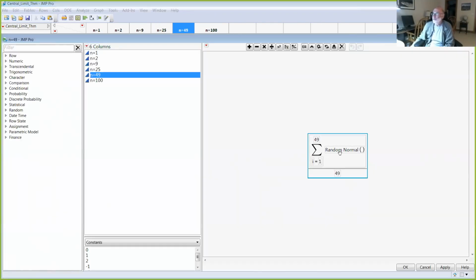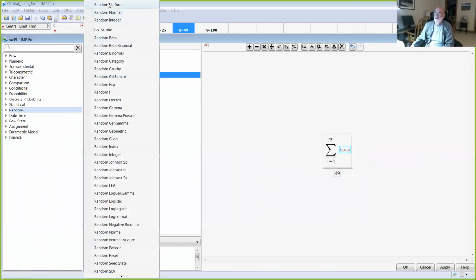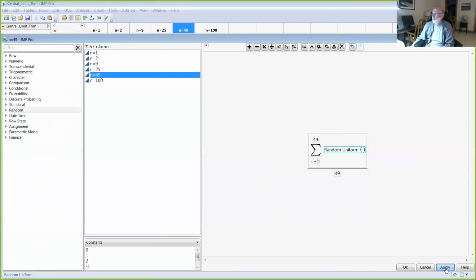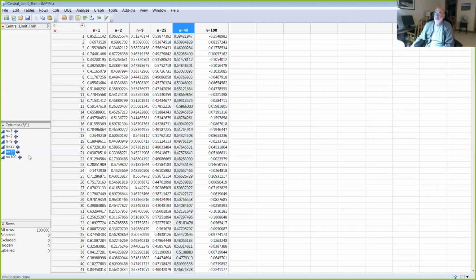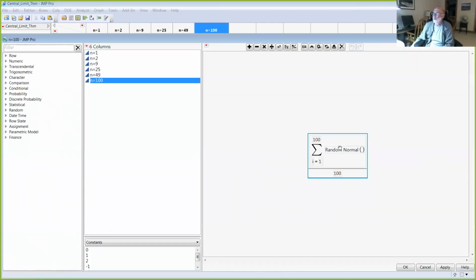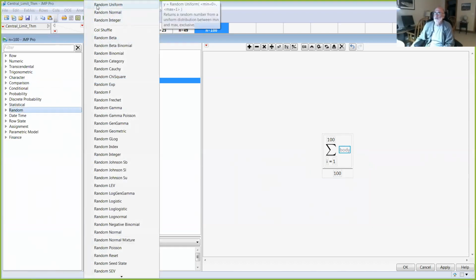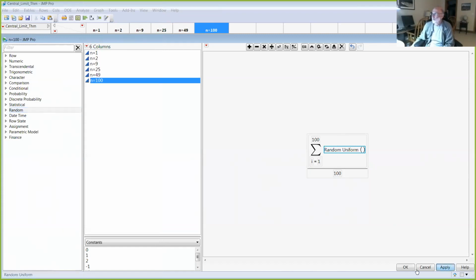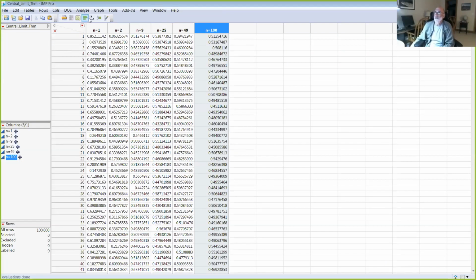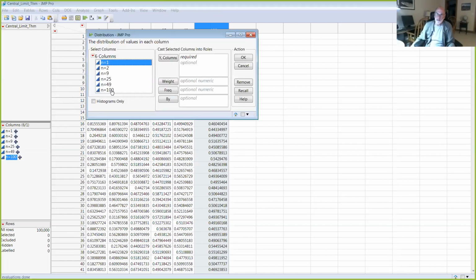Two left. Let's look at what we get. Remembering that sample size of 1 is basically the original distribution that all the samples are drawn out of.